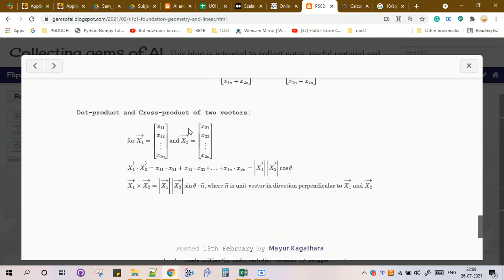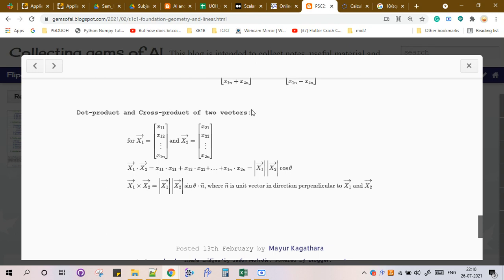First dimension take multiplication plus, second dimension take multiplication plus, up to n dimension, and this would be equal to mod of x1 mod of x2 multiplied by cos theta. So this is a really nice relationship between this angular representation, x1 x2 cos theta, and a purely arithmetic operation, just multiplication and summation. And this is really useful while calculating the angle between two vectors.